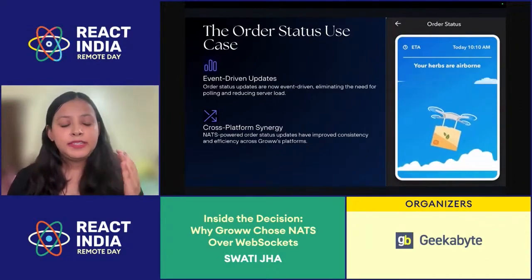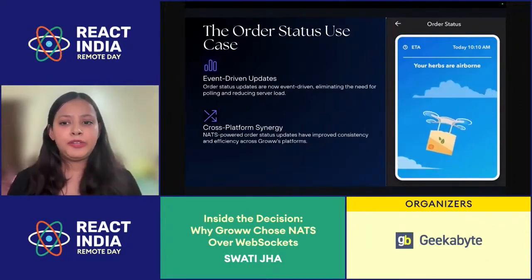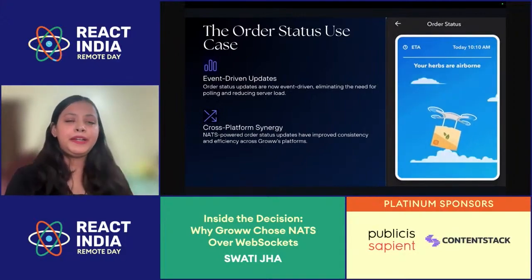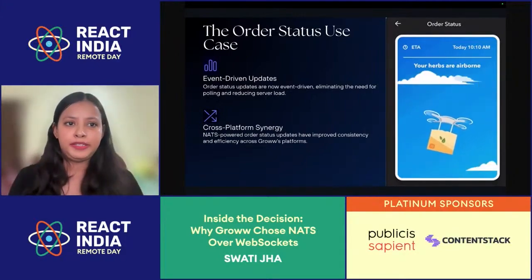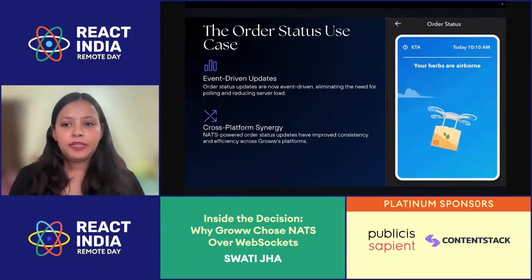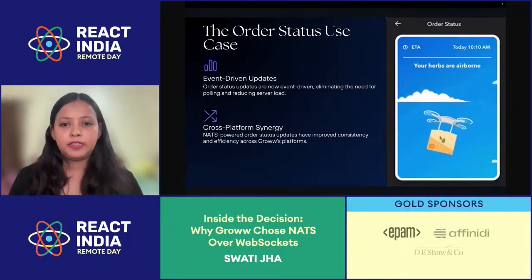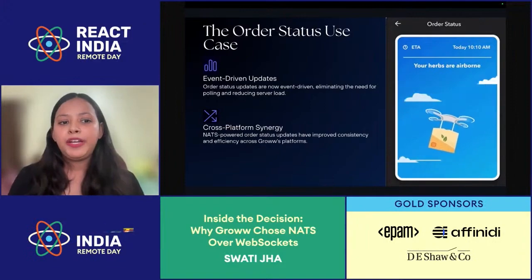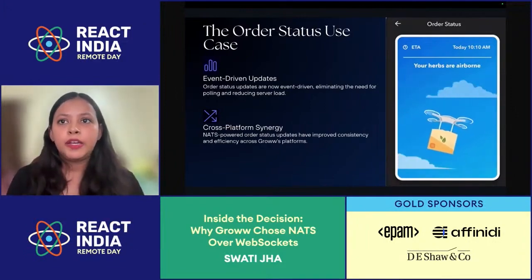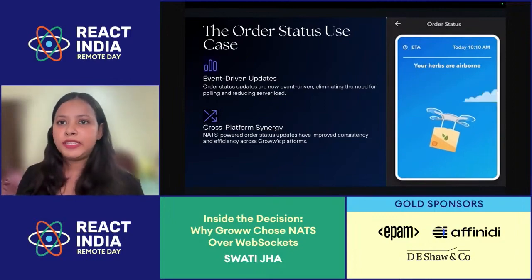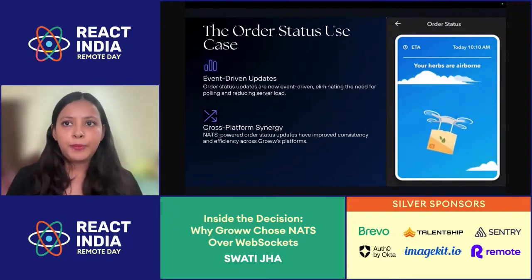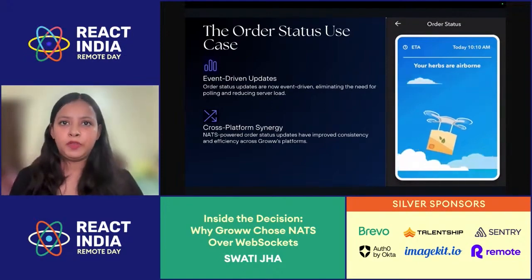This was solved when we implemented NATS for order status as well. And as order status updates became real time, it helped in cross platform synergy as well, because now we can see the order status update consistently on both web and mobile at the same point of time.